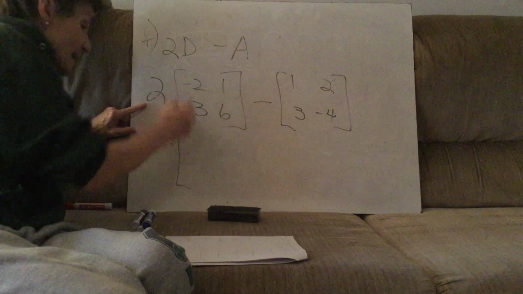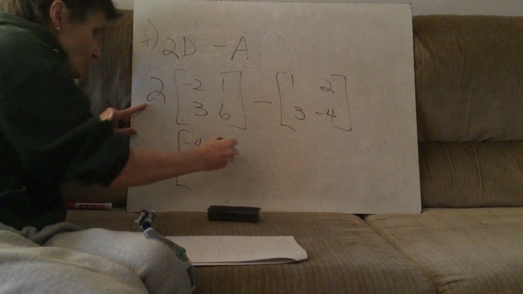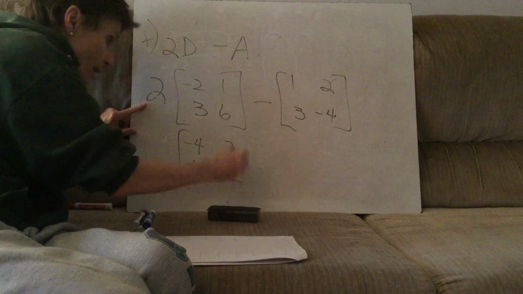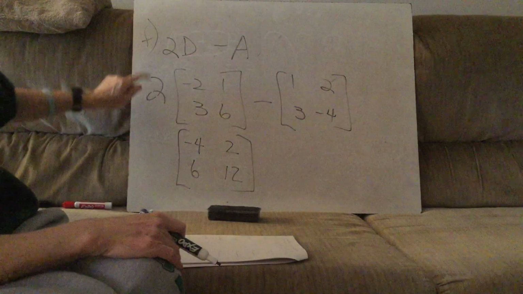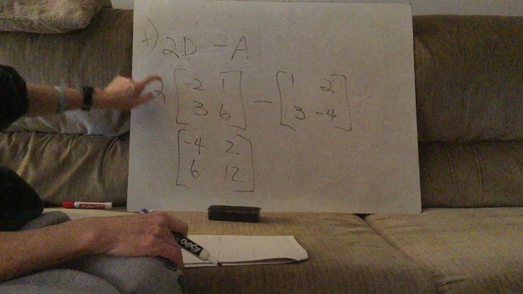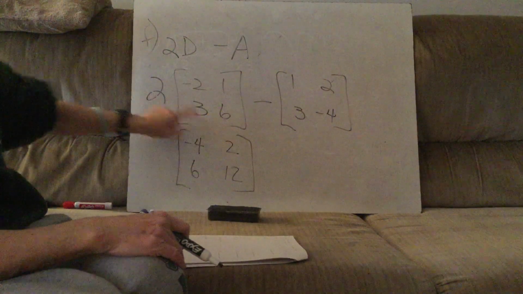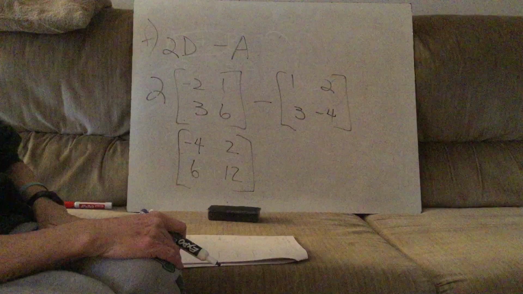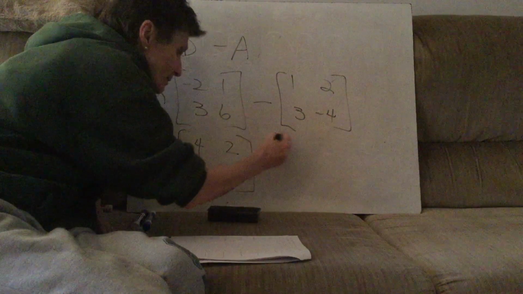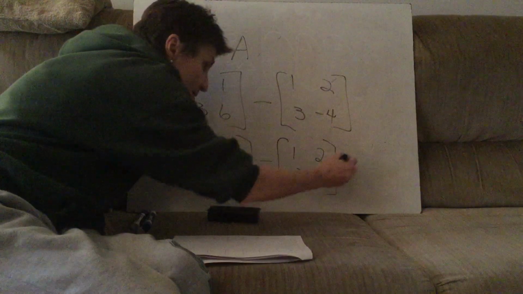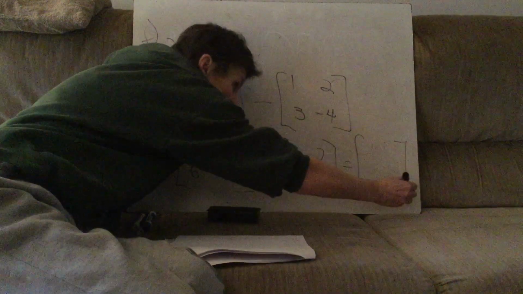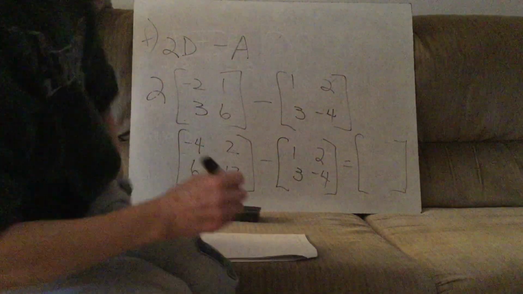So that's going to be negative 4, 2, 6, 12. For those of you in La La Land, we already talked about this: 2 times negative 2, 2 times 1, 2 times 3, 2 times 6. Now we're going to subtract. And that means that we are going to subtract corresponding entries.